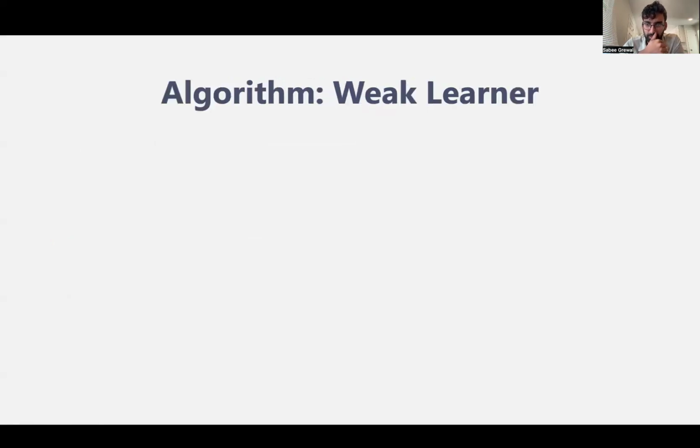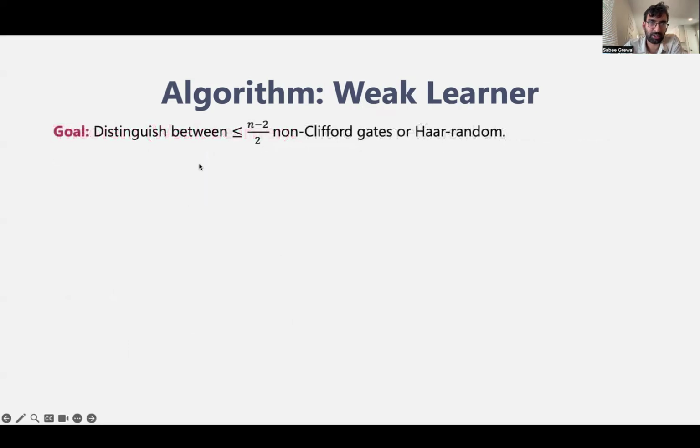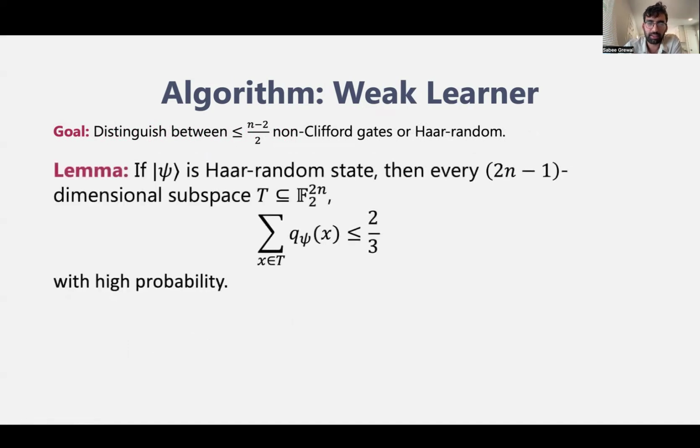And so we'll start off with the weak learner. This is, again, the algorithm that decides whether psi is preparable with like n/2 non-Clifford gates or it's random. So this is the goal of our algorithm, to distinguish between these 2 cases. And the first key lemma that we need to prove for this algorithm is that if psi is a random state, then every (2n-1)-dimensional subspace of F_2^{2n} has Q psi mass at most 2/3.